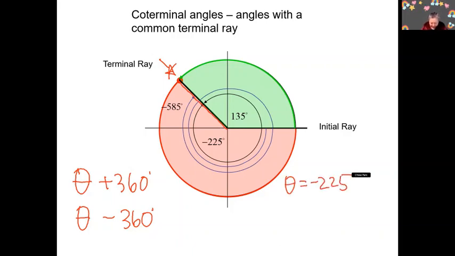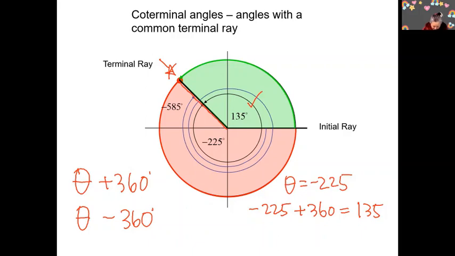Negative 225. Then the green coterminal angle was going positively. So negative 225 plus 360, and then it does give you 135. And then it was part of that, right? Part of the green angle measure.